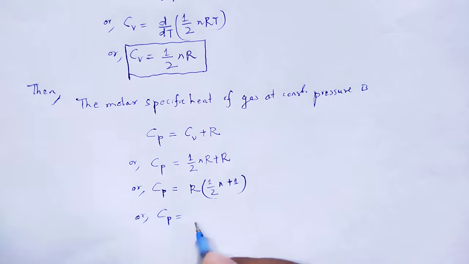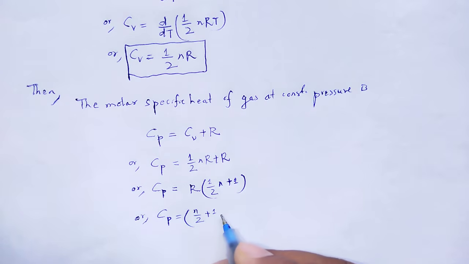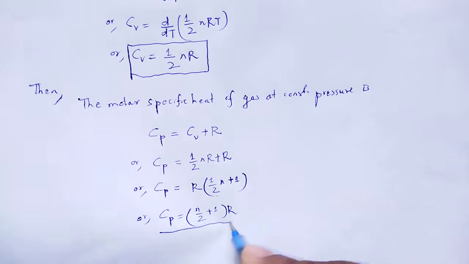So, Cp is equal to n by 2 plus 1, whole into R.